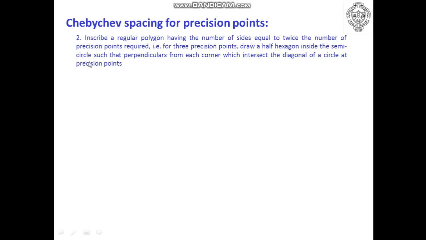But the condition is the hexagon has to be inscribed in the semicircle in such a way that from the intersection of corners of the hexagon and the circumference of the circle, we draw perpendiculars on the x-axis, and those points are considered to be the precision points. So if we consider 3 precision points, we must be able to draw 3 perpendiculars from 3 corners of the hexagon which are intersecting at some point of the circumference of the semicircle.